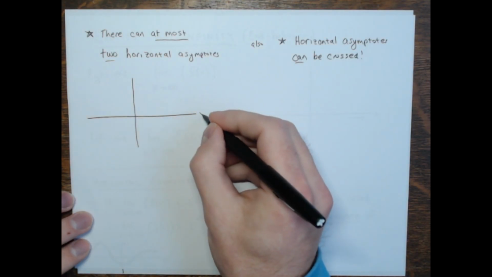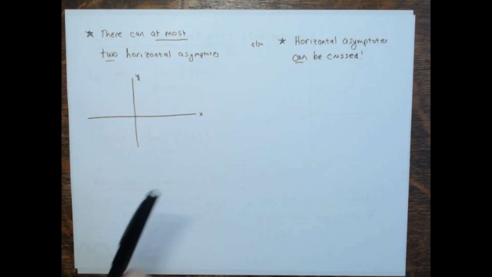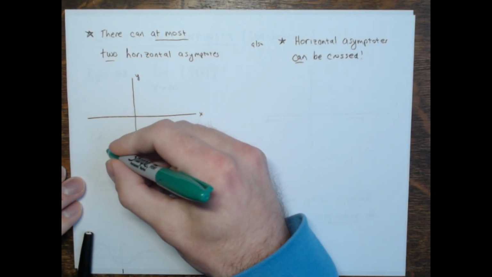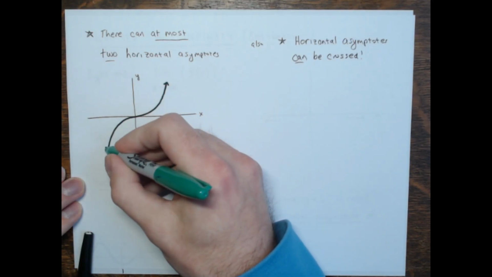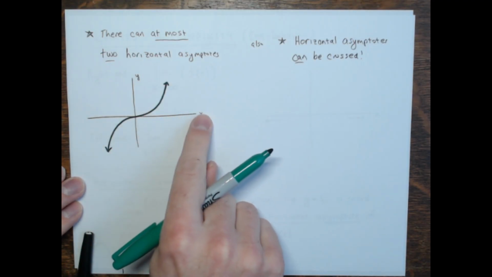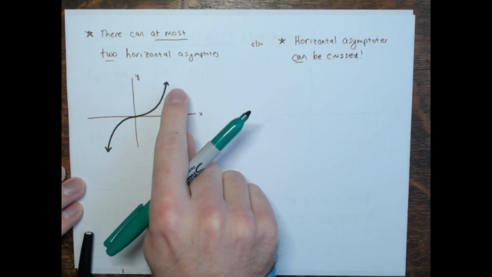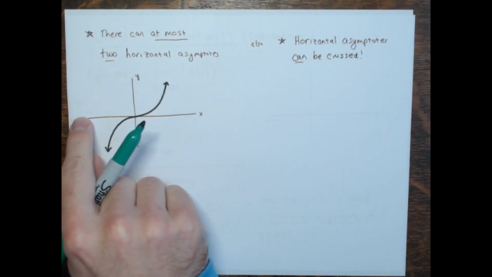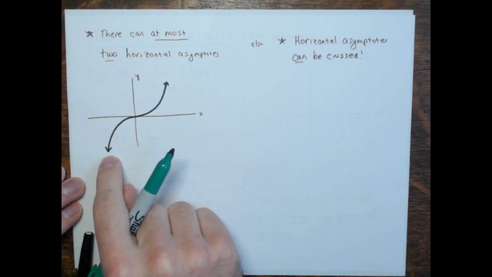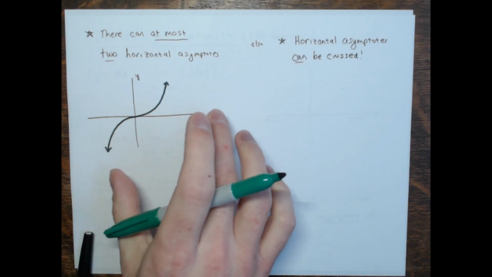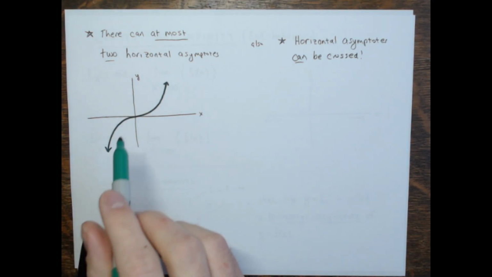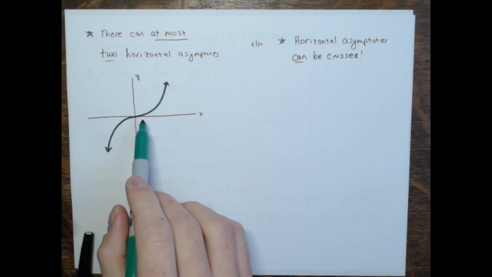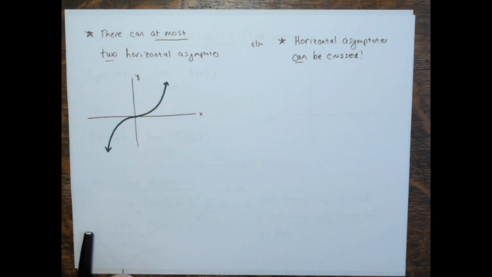So again, here's one with no horizontal asymptotes. Say like your polynomial functions, like here's a cubic, where you see the right end is not approaching some horizontal line. Left end, the graph's not approaching some horizontal line. So a polynomial function, there's others too, but that's an example of a function that would have no horizontal asymptotes.